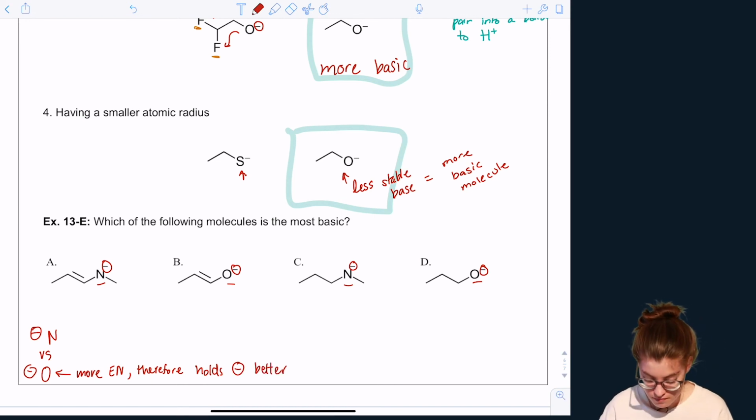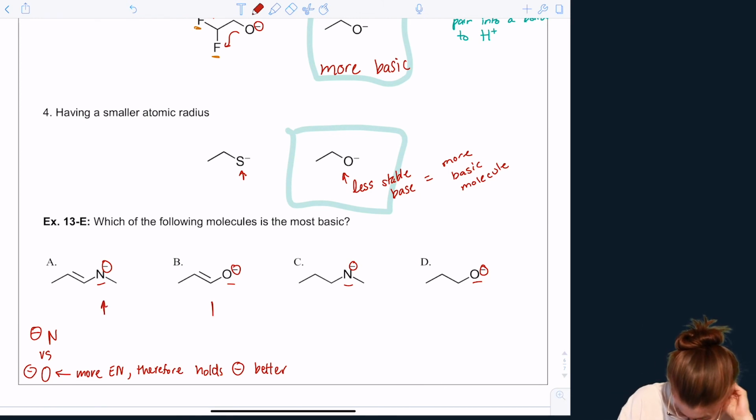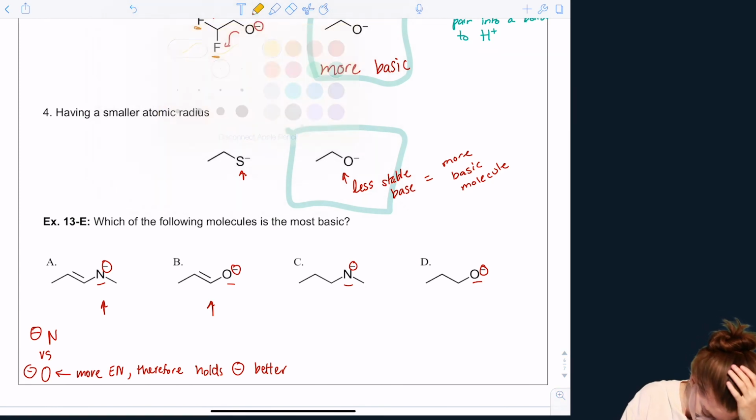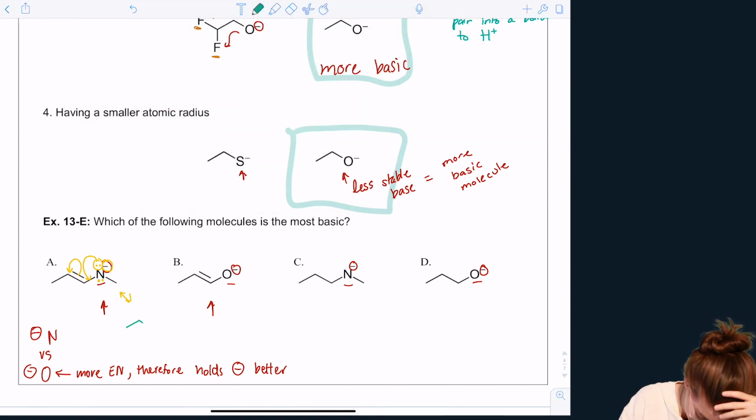Okay, but we have something else we need to look at, which is with these two here, we have resonance. So here, there's a negative on the nitrogen, so that means there's 2 lone pairs on that nitrogen. So we drew those in, and a lone pair goes to a bond, which forces a bond to a lone pair. So our other resonance structure will look like this.